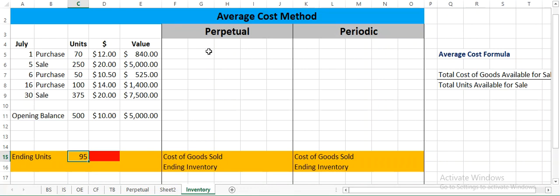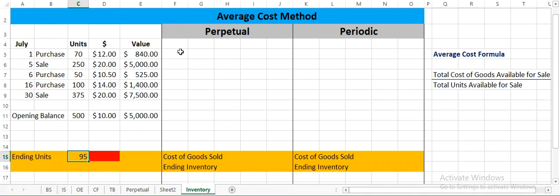So let's get started with the average cost formula. First, let's go over two terms. Cost of goods available for sale: we said that it is based on the formula.